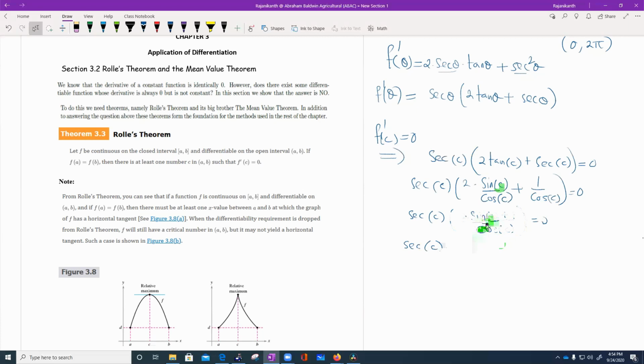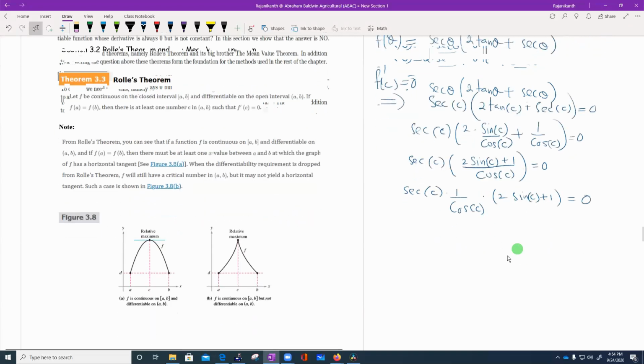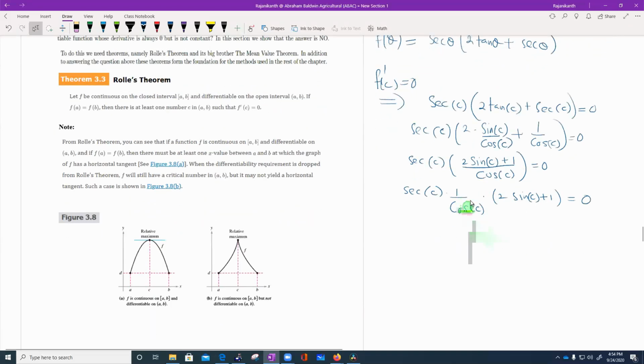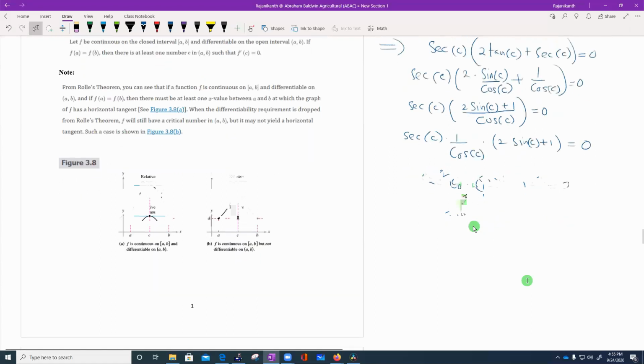This fraction can be written as 1 over cosine C times 2 sine C plus 1. Now again, 1 over cosine is secant. Here you already have one secant, therefore it is going to be secant squared. That makes sense? So far so good.